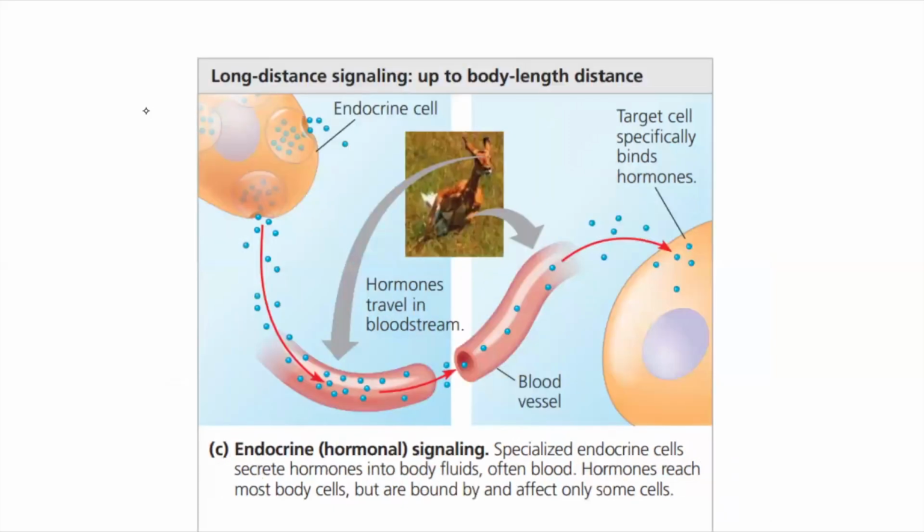That's pretty obvious. Here's the endocrine one I mentioned. The classic example of endocrine is hormones. Your endocrine system is your hormone system. Kathy, can you name one hormone? I don't know. No hormones? Okay.